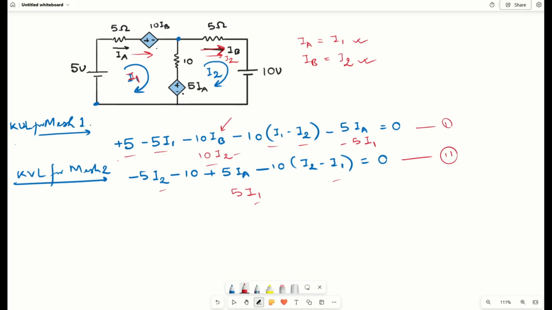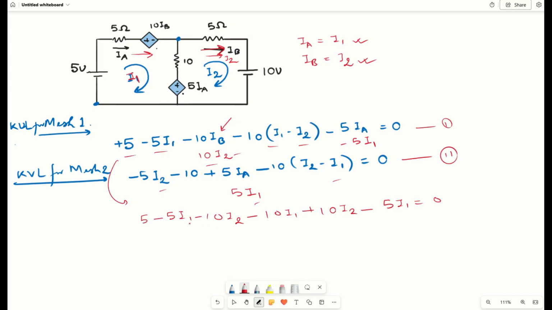so if I solve them, then this one we will be having as 5 minus of 5I1, then minus of 10I2, then minus of 10I1, then plus 10I2, then minus of 5I1 equals to 0.